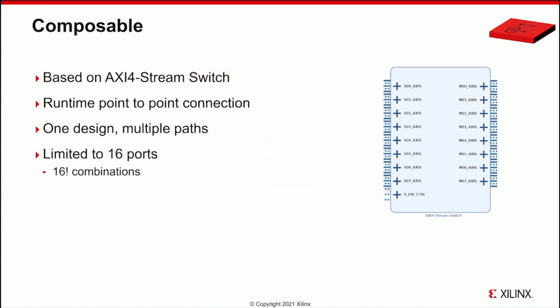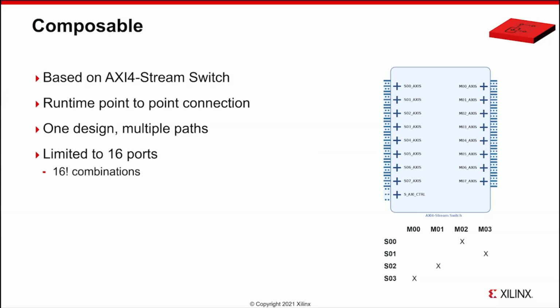The composable layer is based on an AXI4-Stream Switch, which is configured to use the control register routing. Using this configuration, the AXI4-Stream Switch behaves like an interconnect matrix and allows us to configure at runtime how the S interfaces are connected to the M interfaces. In turn, this provides us with the capability to have a composable data path, meaning that we can select how data flows from one function to another at runtime.